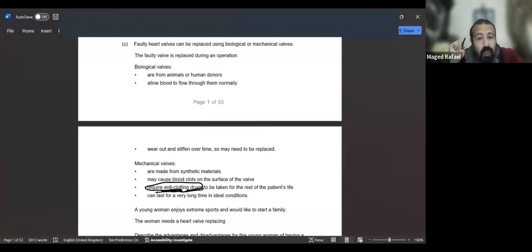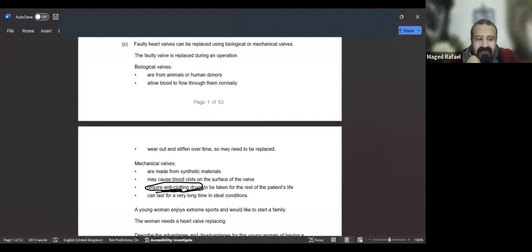It also reduces the risk of bleeding. For example, during pregnancy, because she will take anti-clotting drugs if she's using a mechanical valve. So during pregnancy, during delivery, during birth, definitely she might be exposed to massive bleeding.